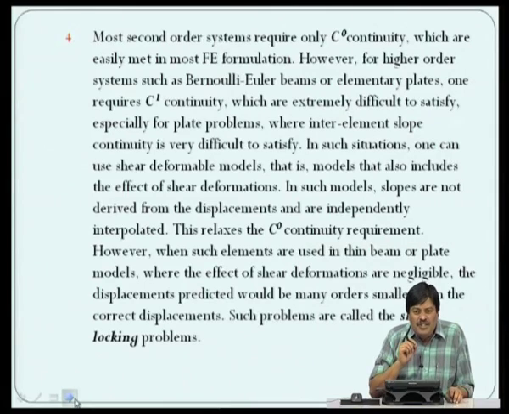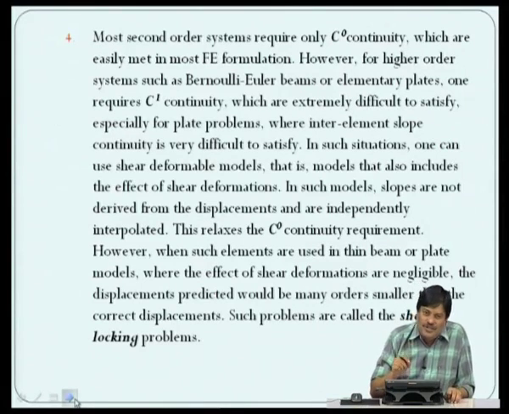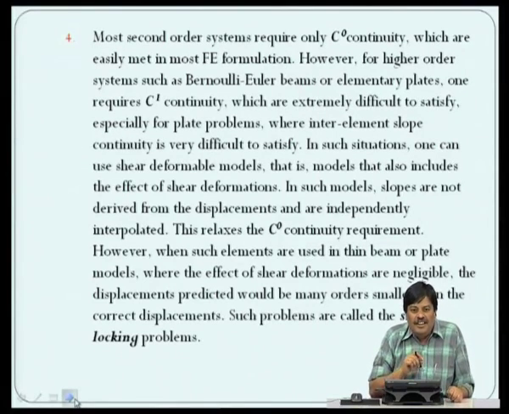So in such situations we introduce shear deformation, as I said earlier, and the Bernoulli beam is converted into the Timoshenko beam, where theta is not derived from the slope, that is theta is not equal to dw by dx. Now we need to have only w and theta continuity, that is, we go back to C0 continuity.